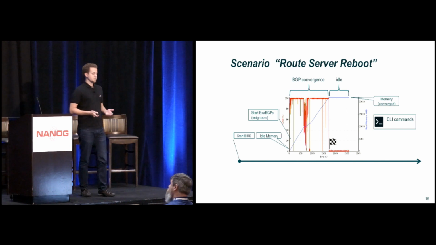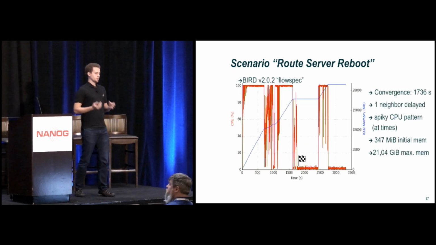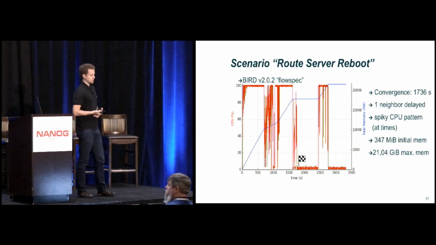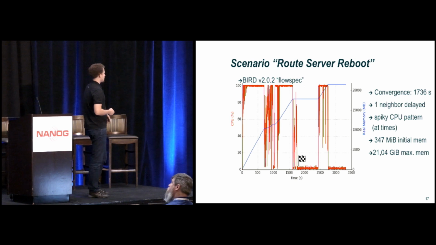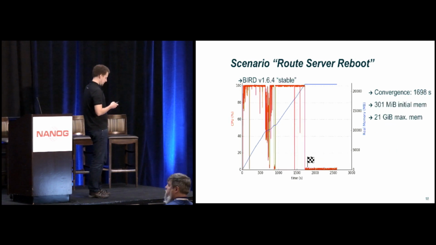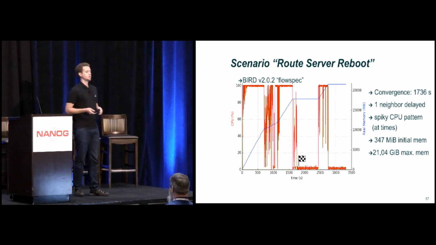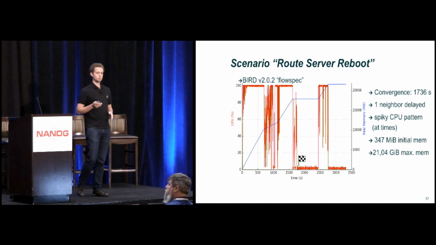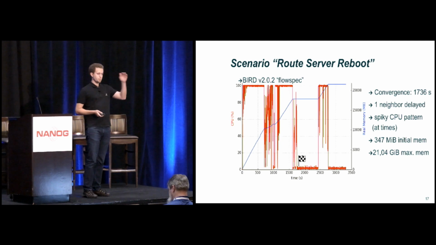So this is the first scenario that we go into. Here we're using BERT version 2 with a Flowspec-enabled config. And we see it starts quite well. Then there's a phase where CPU is not at 100%. This is where the process is busy performing I/O, sending network packets, and so on. So in an ideal world, it would just top out flat at 100% and then finish.